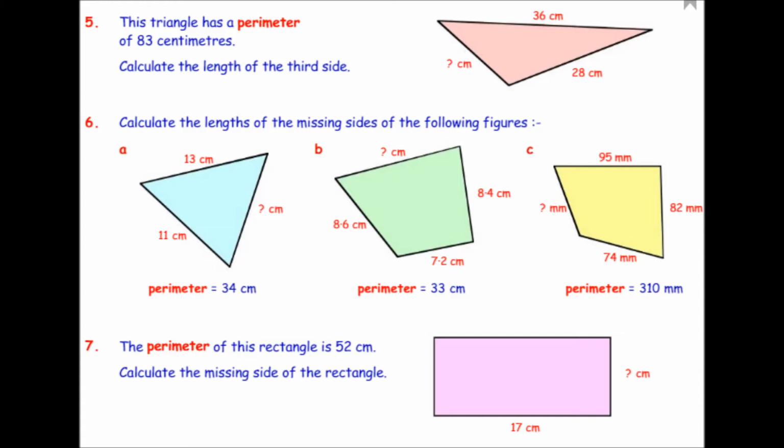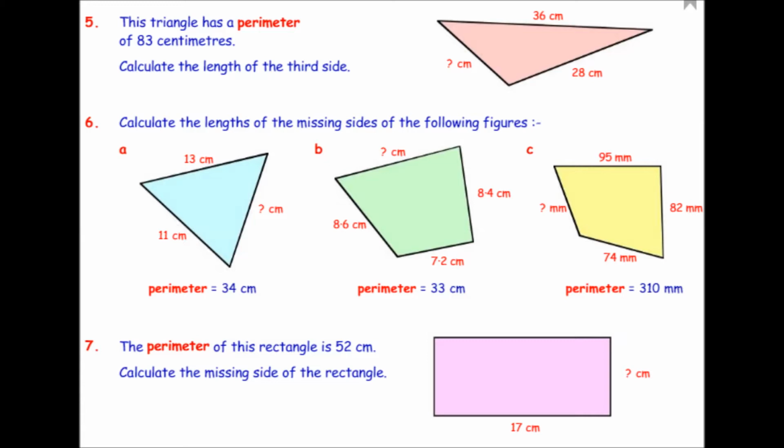This triangle has a perimeter of 83 centimetres. So you have to find the length of the missing side. So you could write the sum 36, add 28, add x equals 83.